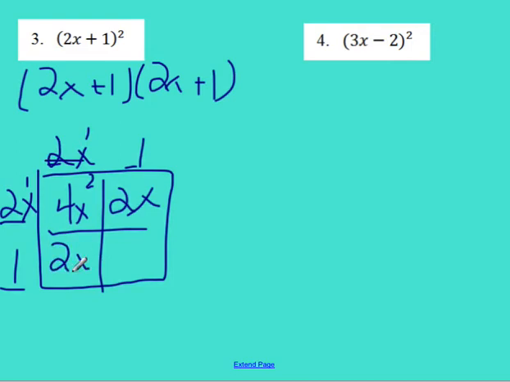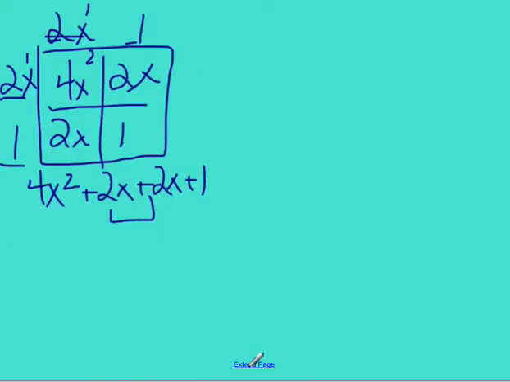And lastly, 1 times 1 is just 1. So we get 4x squared plus 2x plus 2x plus 1. Then we combine the middle terms: 2x plus 2x is 4x. So we get 4x squared plus 4x plus 1.